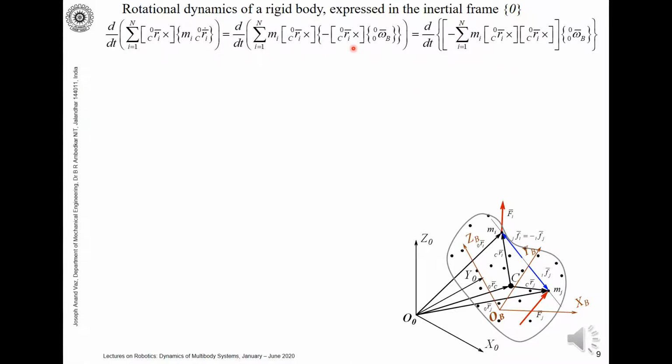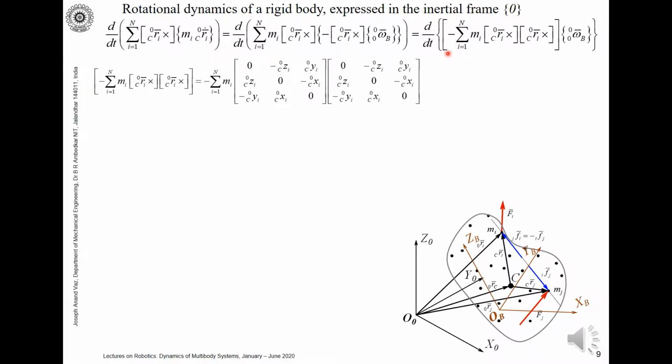We bring this minus sign here, we shift this, and we have this particular form where we have the rate of change with respect to time. Here we have this term in the square brackets, and there is the angular velocity of the body B with respect to 0 expressed in the frame 0. Now let us see what this term within the square brackets is.